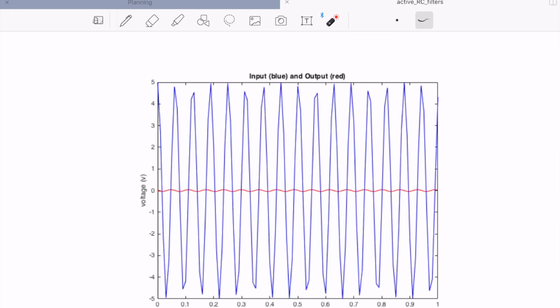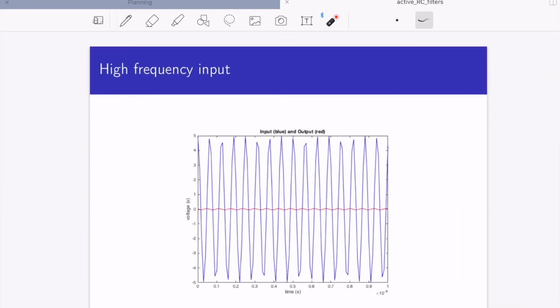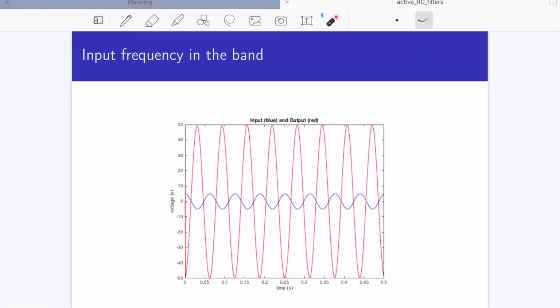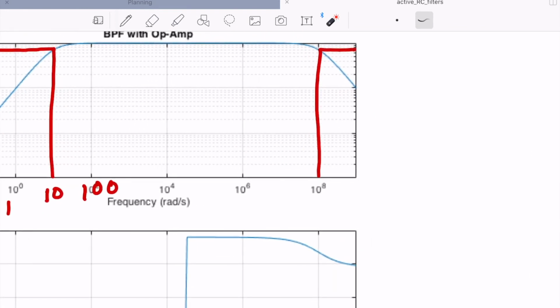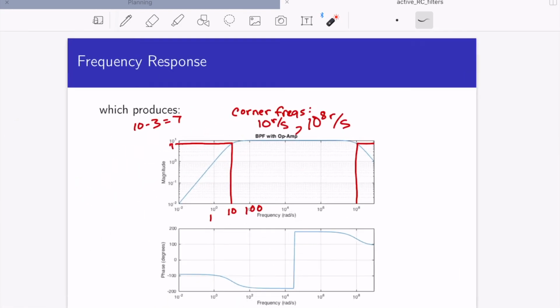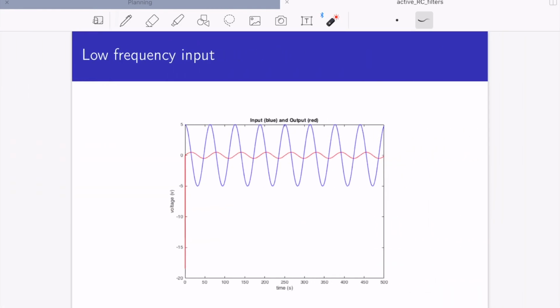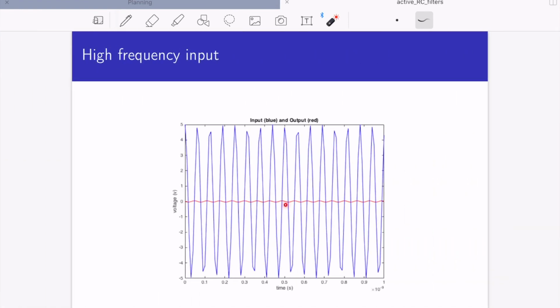But if you look, the frequency will be roughly 10 to the 10th. So let's go back and see what's going on in our graph. At 10 to the 10th, that's way over here. Presumably it comes down similarly. And again, in all these cases, the output and the input are out of phase, which corresponds to that minus sign.